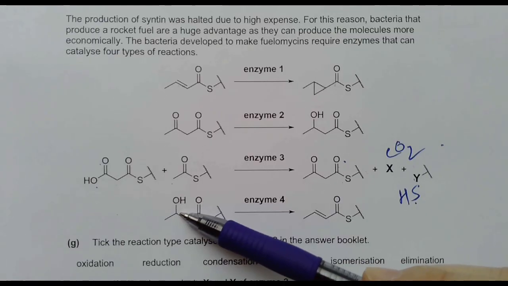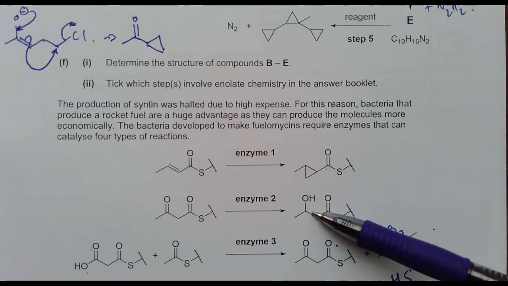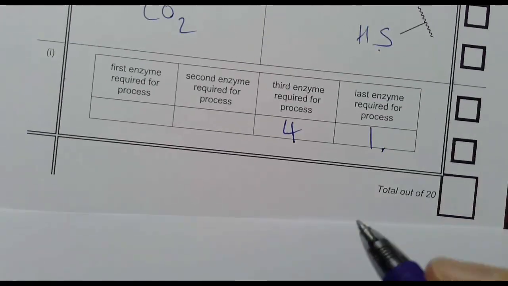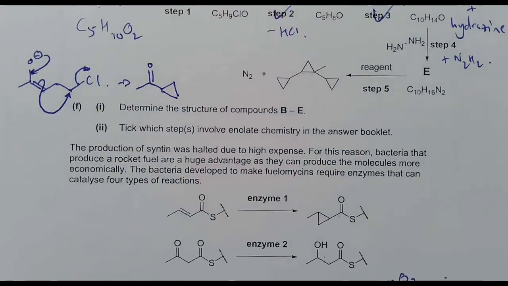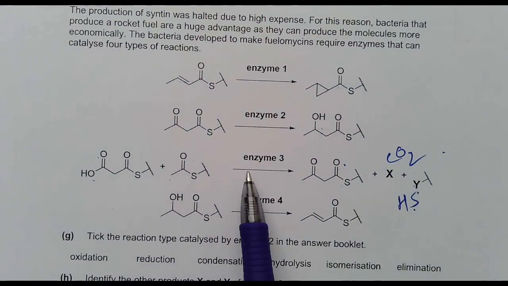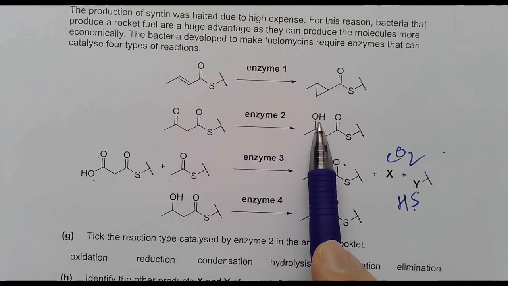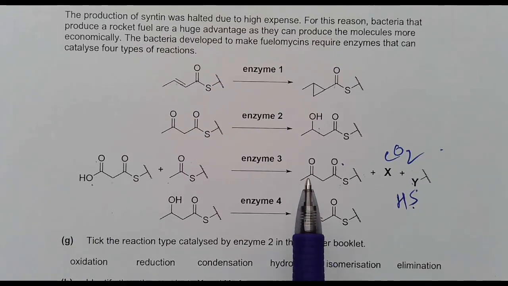Which one gives me the alcohol? Enzyme 2 gives me the alcohol. There's no alcohol here, so it must be 2. And each one is used once, so that must be 3. So enzyme 3 gives me the 2 ketones, enzyme 2 turns a ketone into an alcohol, enzyme 4 turns the alcohol into a double bond, and enzyme 1 turns the double bond into the ring. And you are done.